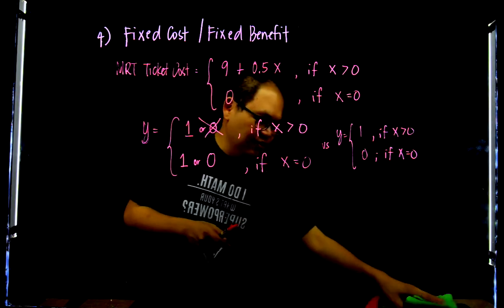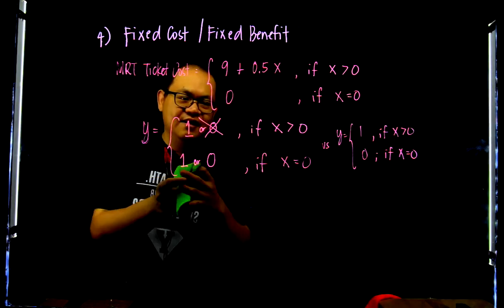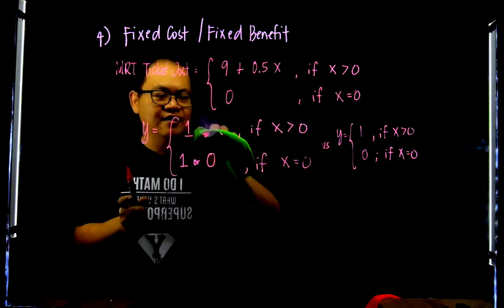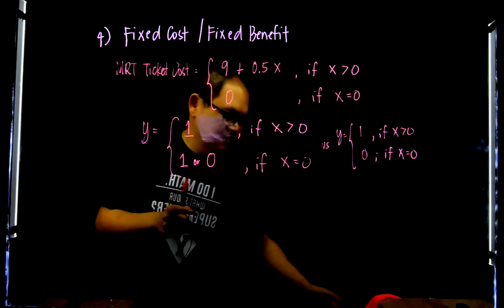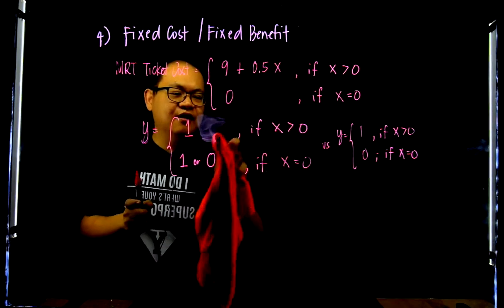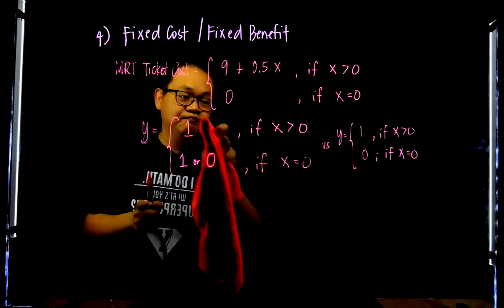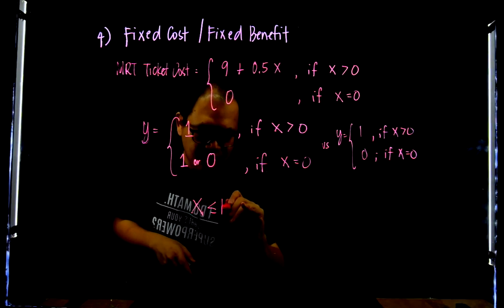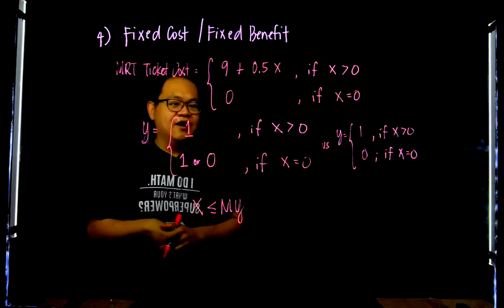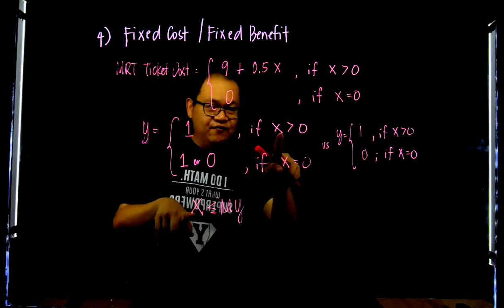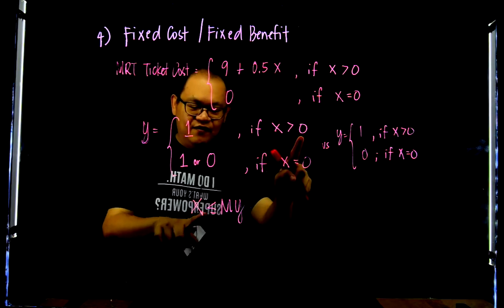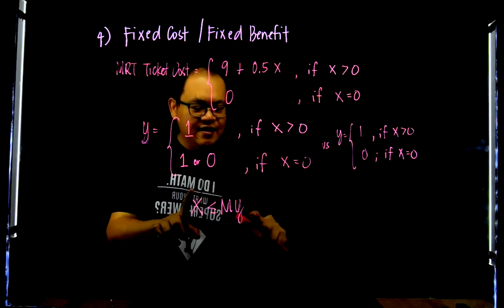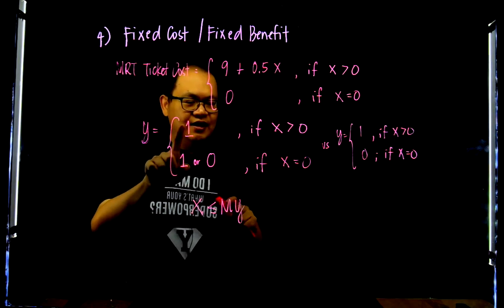Okay? And because you erased this part, therefore, the constraint that we added before, if you remember, this is x less than or equal to my, will work. Why? Because if x is positive, look, if x is positive, then y is forced to be 1.